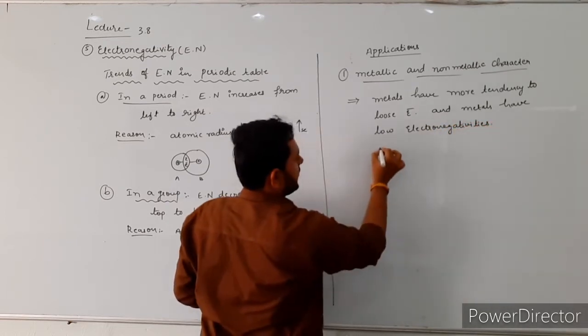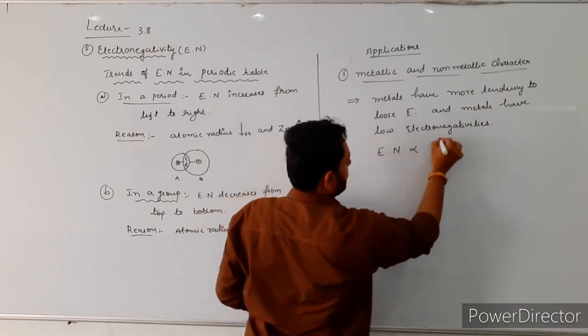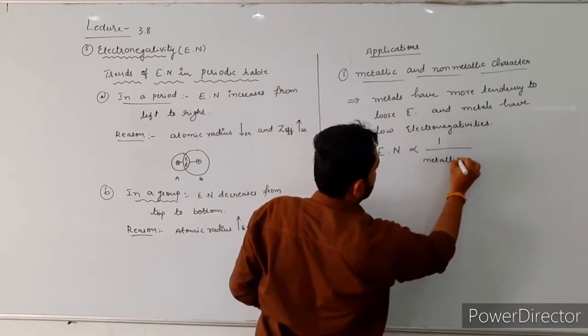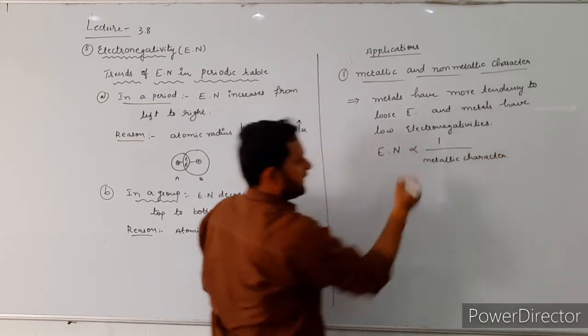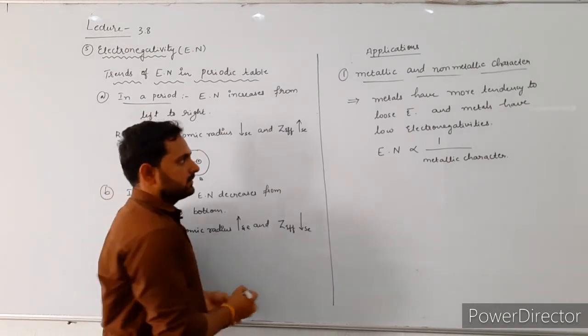That's why electronegativity is inversely proportional to metallic character. As electronegativity increases, metallic character decreases.